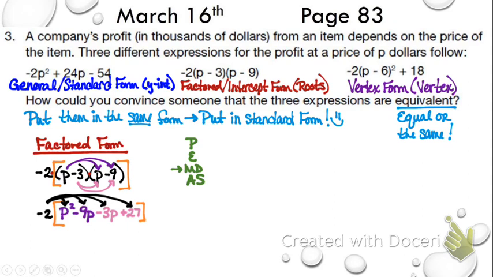So what is -2 times p squared? -2p squared. What's -2 times -9p? +18p. -2 times -3p? +6p. And -2 times +27? -54 is correct.